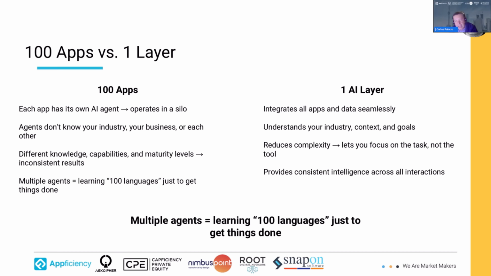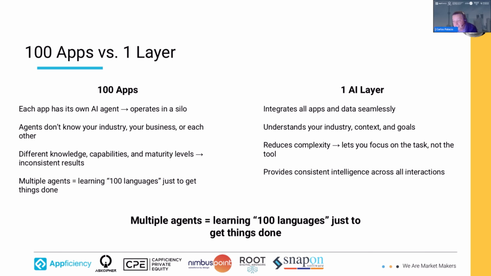And extra, it provides consistent intelligence across interactions. So when a person gets onboarded in an organization, the AI can actually walk them through how things are done, instead of multiple hours of training, and sometimes multiple issues and errors using the application.